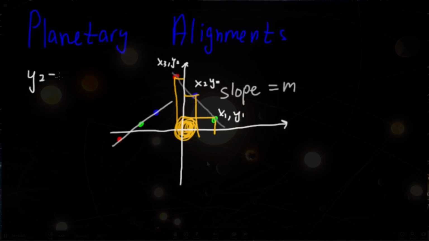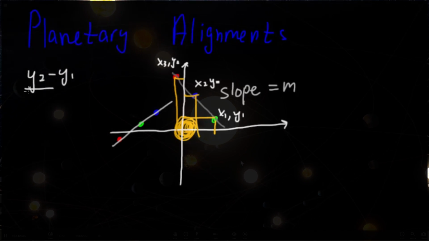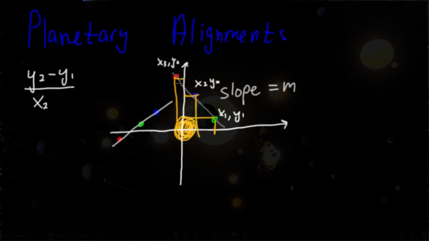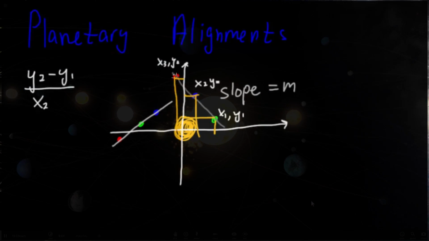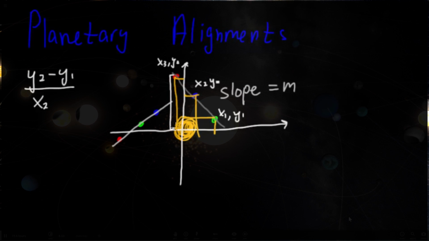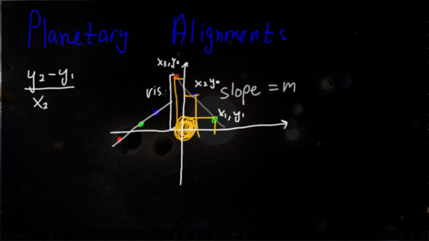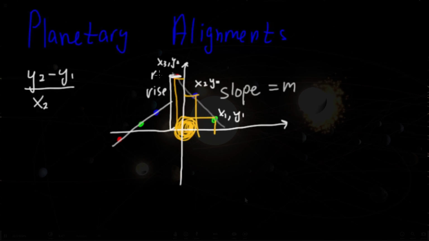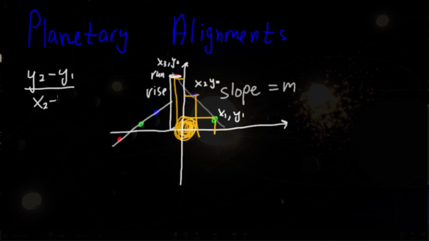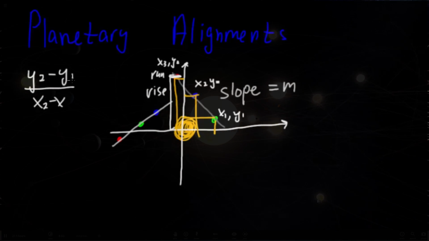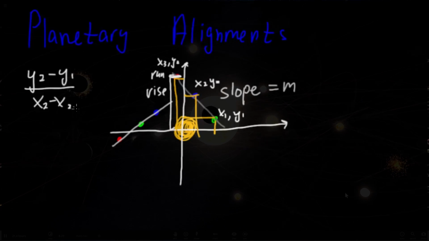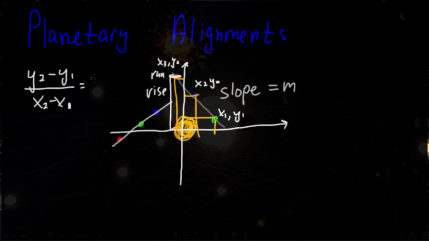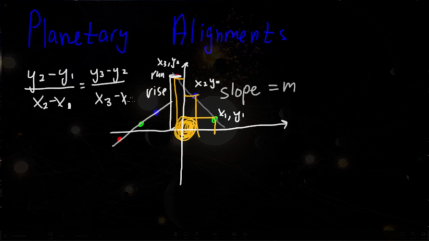The slope of line number 1 is found by looking at the change in y-axis, also known as rise, over the change in x-axis, which is known as run. So here that would be y2 minus y1 divided by x2 minus x1, and it should equal the other slope.